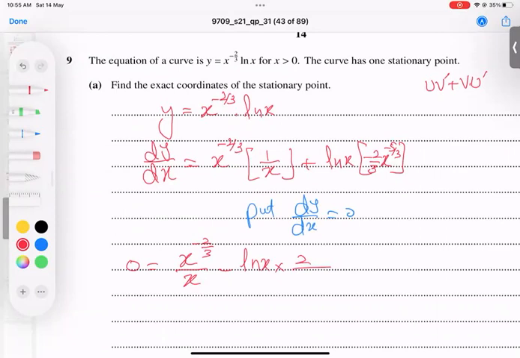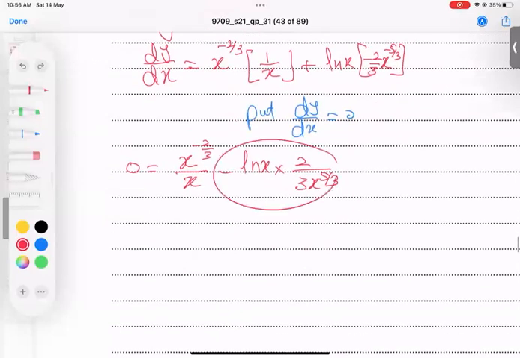No problem. I bring in denominator. This negative 5 becomes positive. Now I bring this whole thing to the left hand side. So I'm getting here logarithm of x, 2 over 3 x to power 5 over 3.